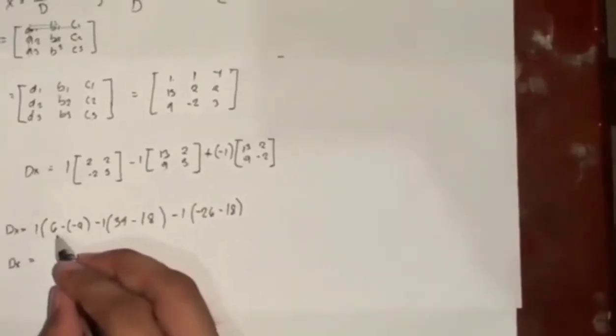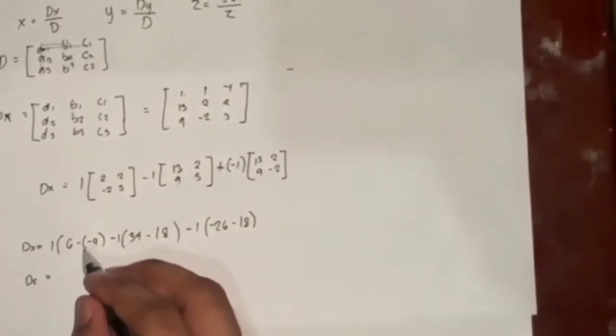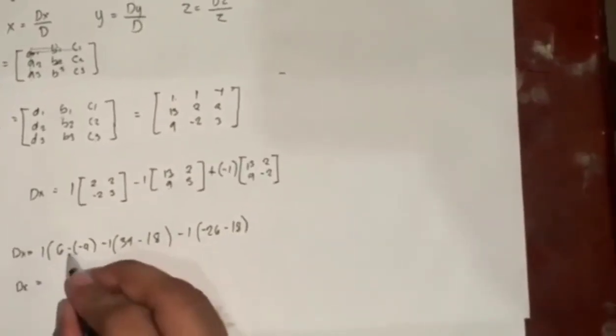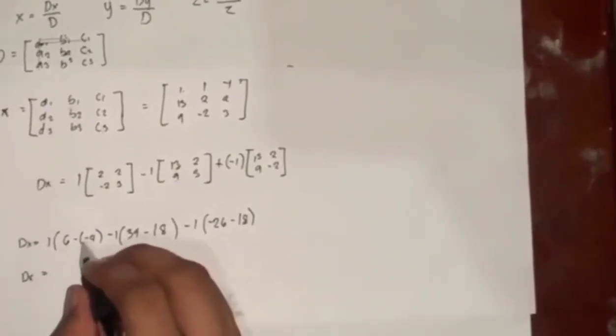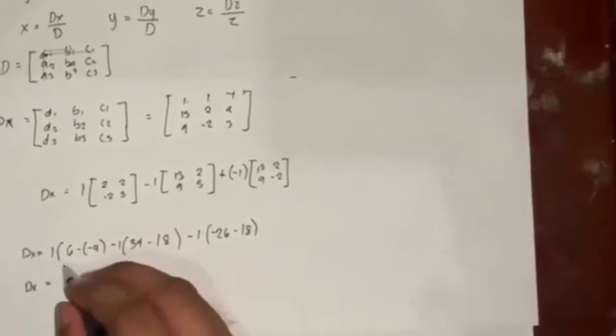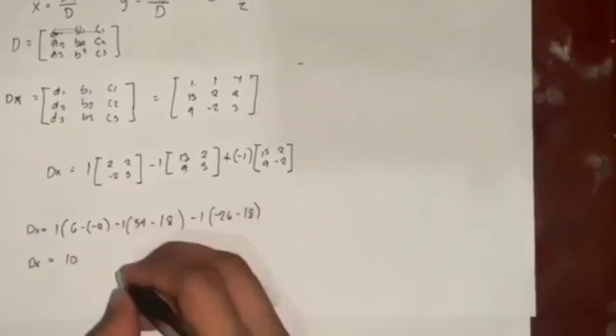1 times 6 minus negative 4 equals 4. 4 plus 6, which is 10. 10 times 1, which is 10.